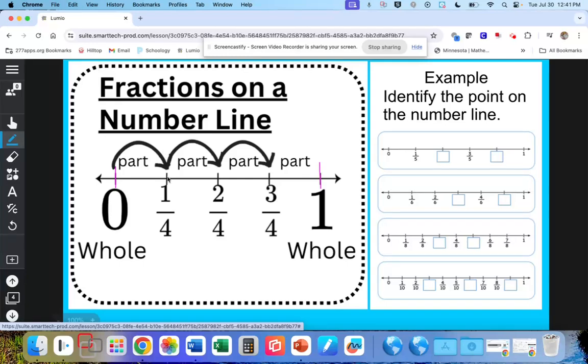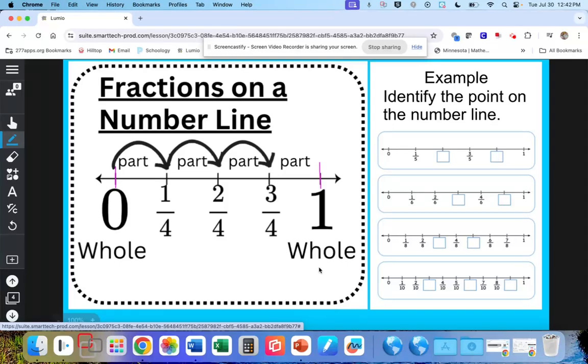If we count each of these bumps, or frog hops, as I like to call them, we would find that we have 4 parts between 0 and 1. So our denominator, the bottom number, is going to be 4. Each time we have one of these little slashes, our numerator gets bigger by 1.